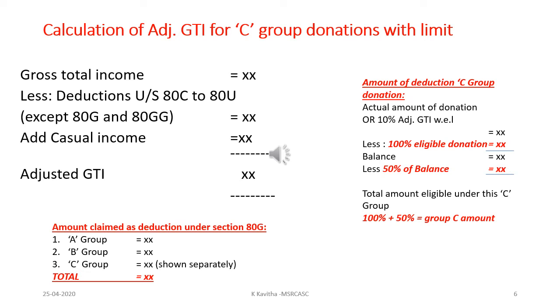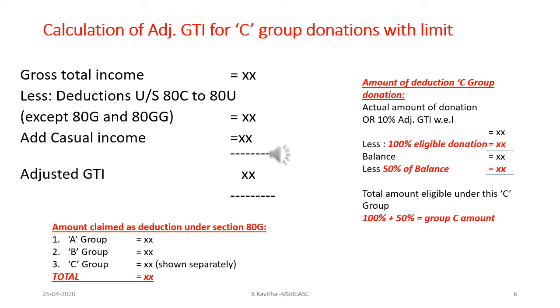The total amount is nothing but the donation which has to be considered for C group. And when we calculate 80G deductions in total, that is the total of A, B, C, three groups put together, then the total amount only is considered in the final format.